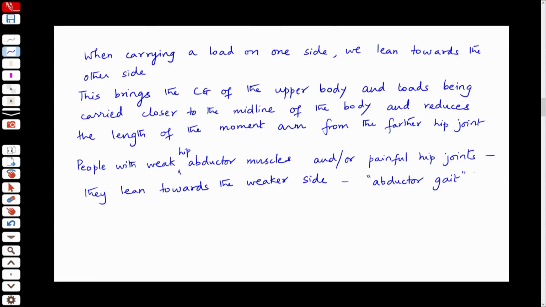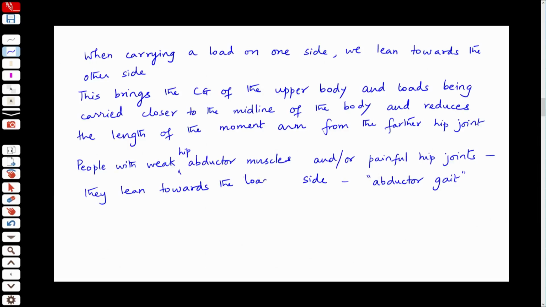Okay. So, let us say they lean towards the loading side, that is probably a better way of saying it. So, if I have, say, left side weak hip abductors, I lean towards the right, the loading side, because it is single stance on the right side.